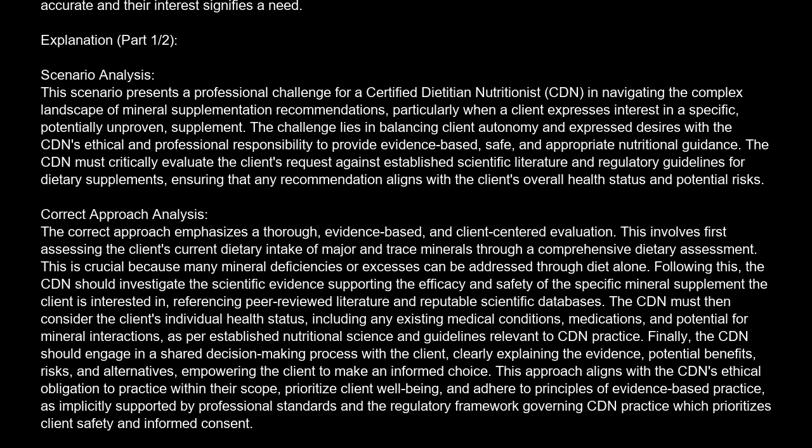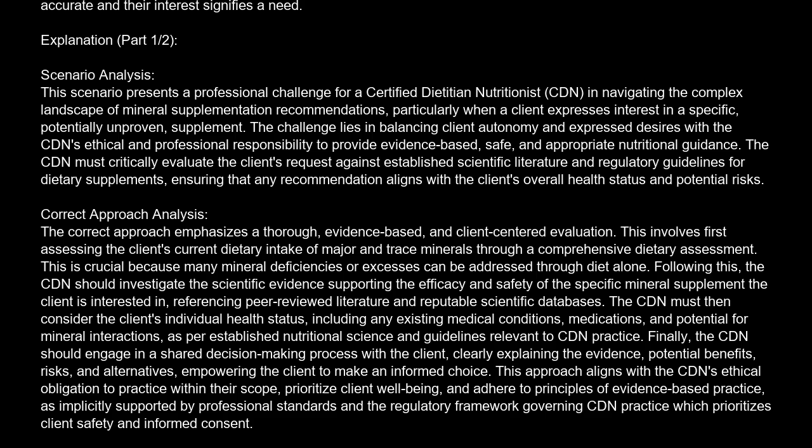The CDN must then consider the client's individual health status, including any existing medical conditions, medications, and potential for mineral interactions, as per established nutritional science and guidelines relevant to CDN practice. Finally, the CDN should engage in a shared decision-making process with the client, clearly explaining the evidence, potential benefits, risks, and alternatives, empowering the client to make an informed choice.